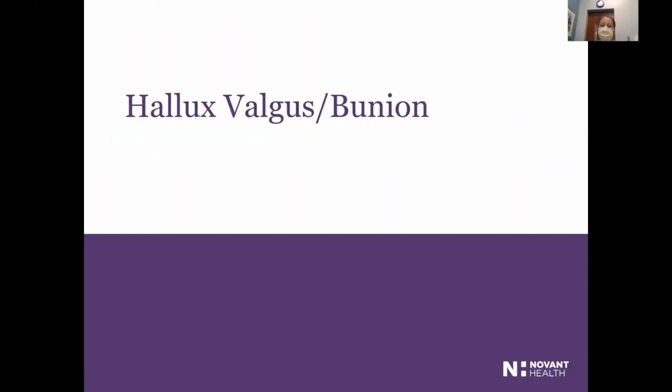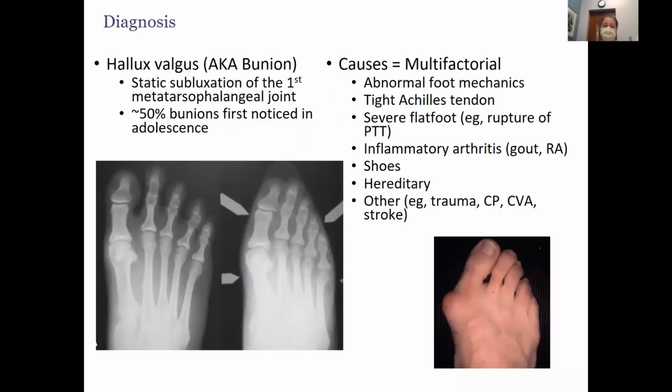Okay. Last thing I want to talk about, which isn't due to arthritis, but we also want to talk about bunions and the lesser toes, since we were talking about arthritis as well. And so what is a bunion? So a bunion is just that big toe that's drifting over towards that second toe.